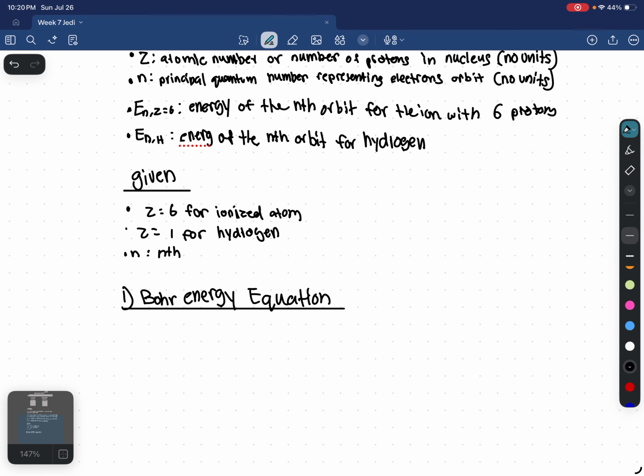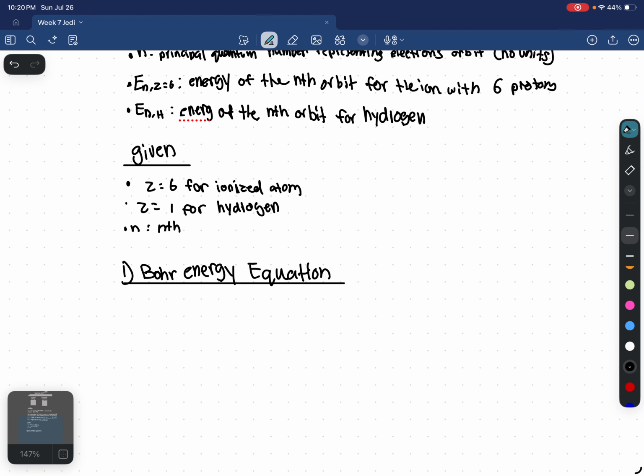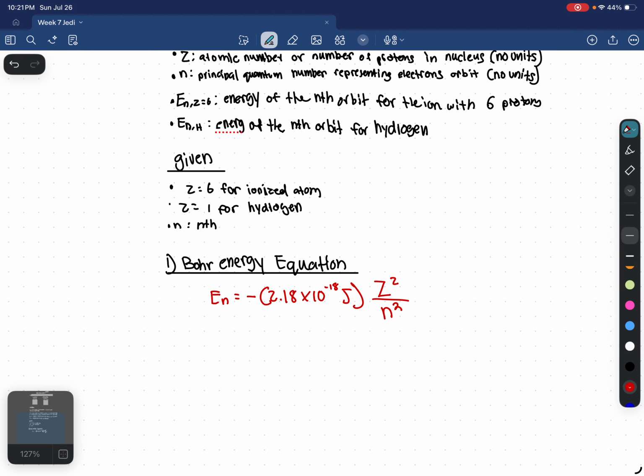According to the Bohr model, the energy of an electron in a single-electron atom or ion with atomic number Z in the nth orbit is given by E_n equals negative 2.18 times 10 to the negative 18th power joules, times Z squared over n squared.